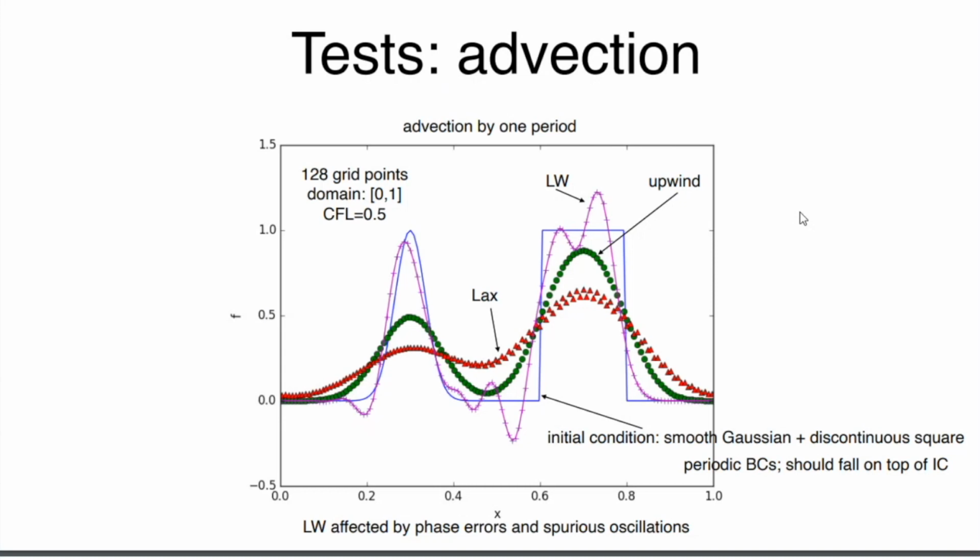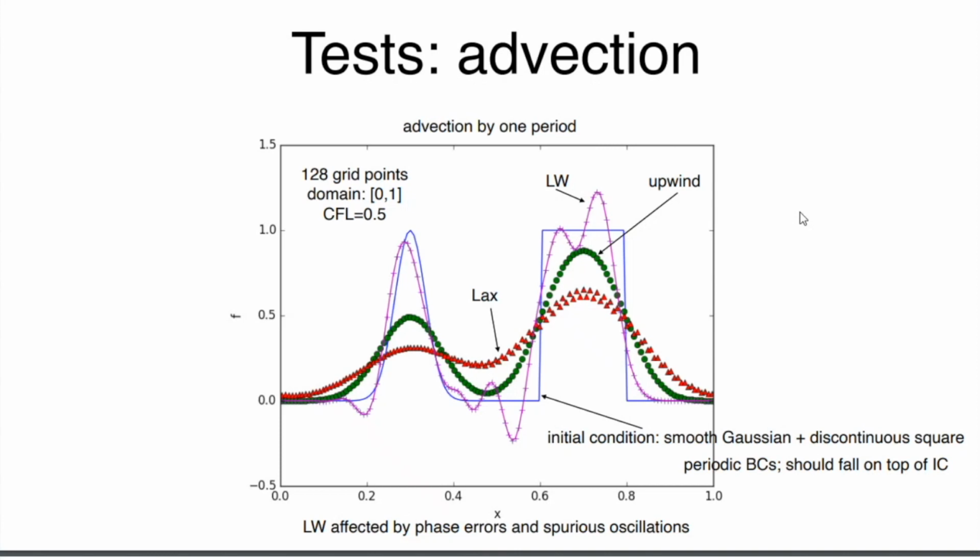So what you see is this is the Lax. It has this funny oscillatory pattern, and that's because of the decoupling of f i n from f i n plus 1. You remember the stencil did not take care of the middle point, and that's what gives rise to this funny pattern.